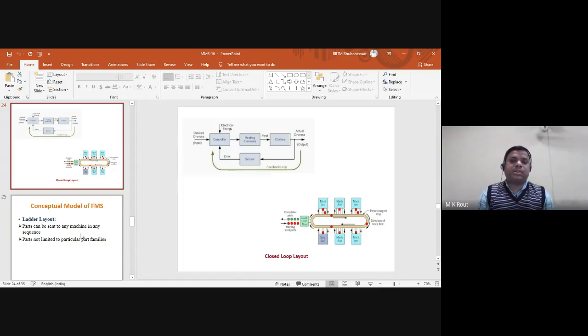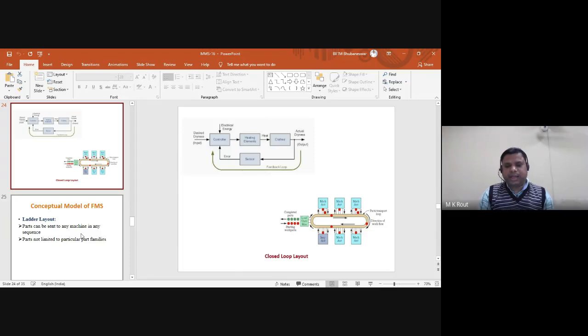But due to this particular sensor, if you find any kind of error, it is fed back directly, or the feedback loop is inserted directly into the controller. So this directly skips, in the case of flexibility. If you find any difficulty at the output level, it is communicated directly to the first level, in the form of the controller.